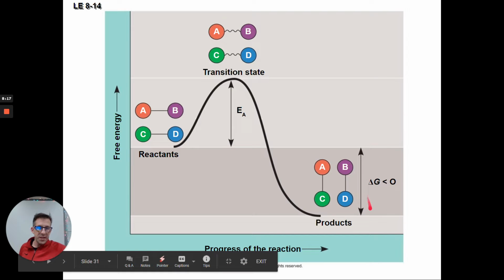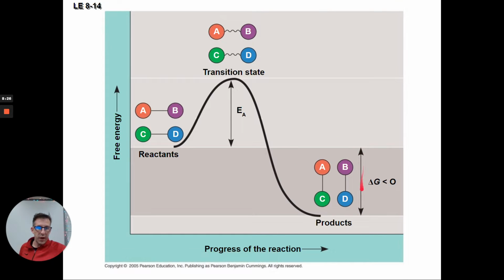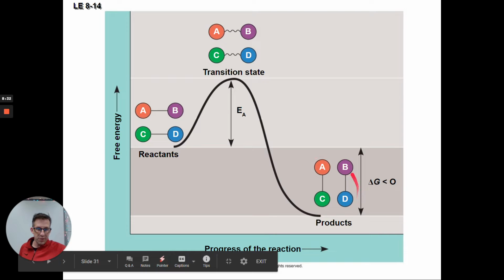And then we see the amount of free energy that's released when these reactants turn into these products. That's what we see with this bracketed arrow. So we have some energy associated with the reactants, and then a lower amount of energy associated with the products. And the amount of energy that was lost is depicted here.